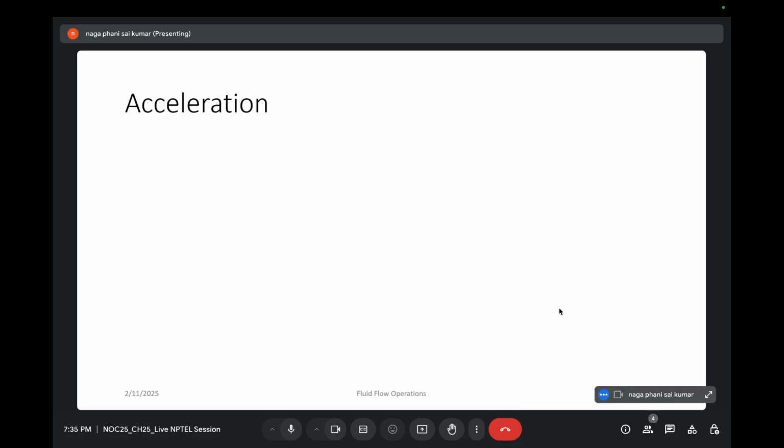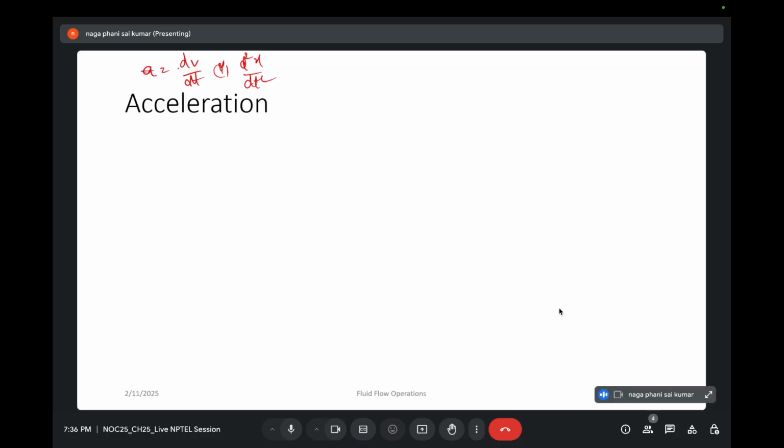Now coming to acceleration. So what is acceleration? Same as when you are studying in physics, the definition of acceleration doesn't change. The same thing that we study in physics can also be applied to fluid mechanics, or fluid flow operations as well. Acceleration is nothing but change of velocity with time, and it can be expressed as dv by dt, or it can also be expressed as the double differential of displacement, right?